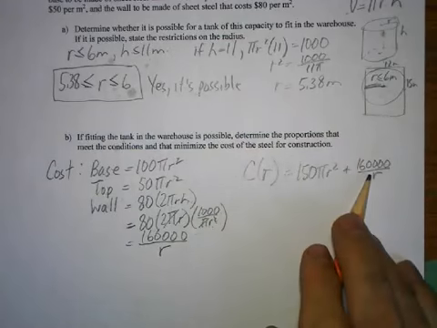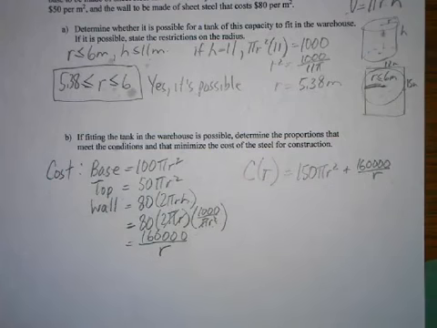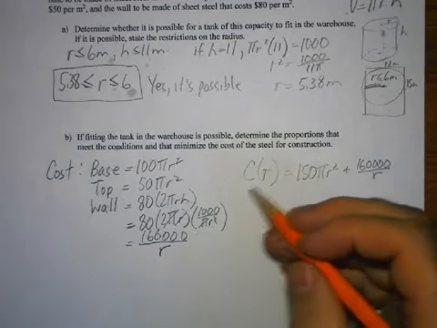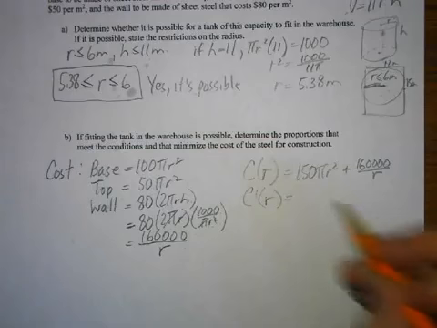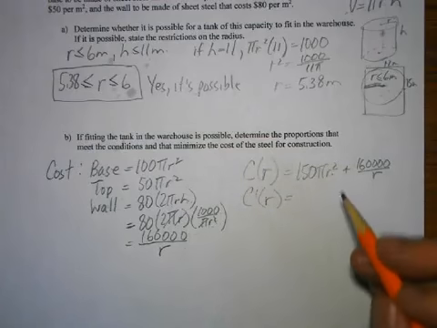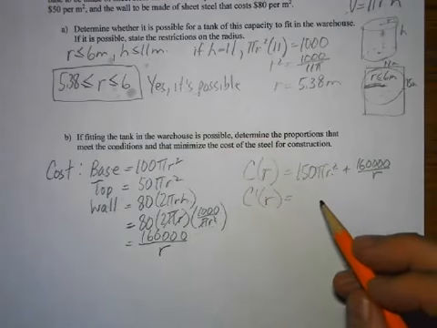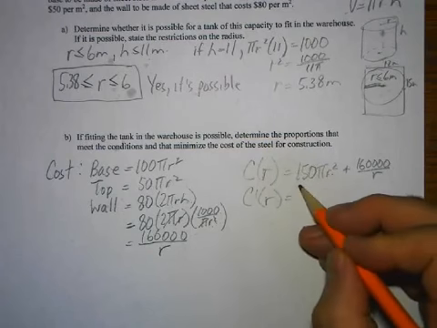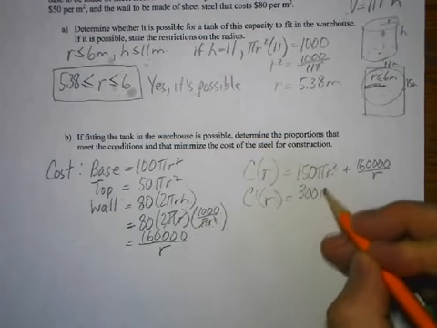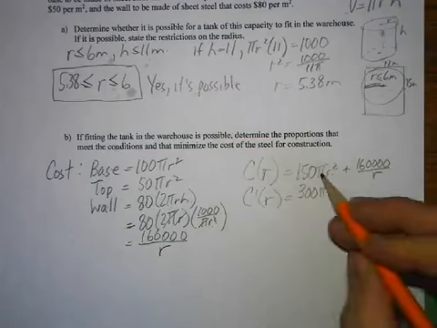Now we want to find the critical points of that, max and mins, and to be able to test them out. So take the derivative of that. Remember it's the r that we're using as our variable. So it's going to be 2 times 150 times pi, which is not a variable, it's a constant.